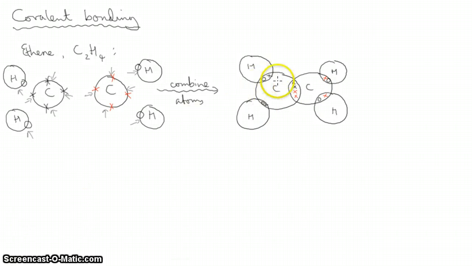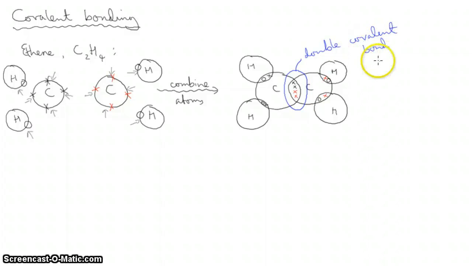So the 2 from the left hand carbon shared with the right, and the 2 from the right hand carbon shared with the left. Again, this creates, as with oxygen molecule, a double covalent bond. It was 4 electrons being shared, 2 from each of the carbon atoms.